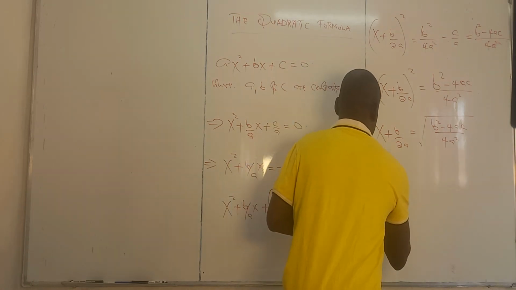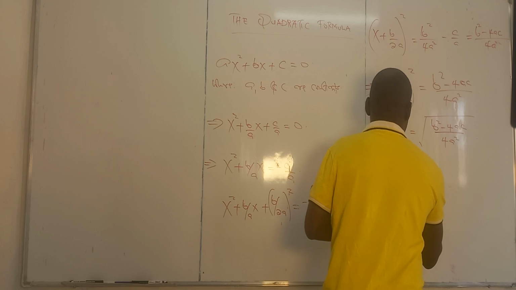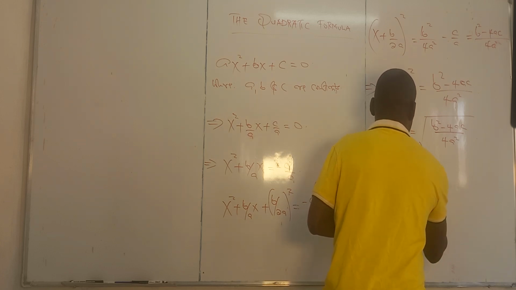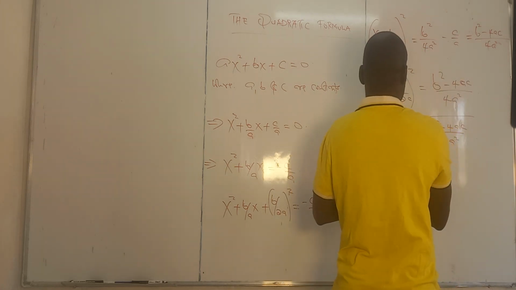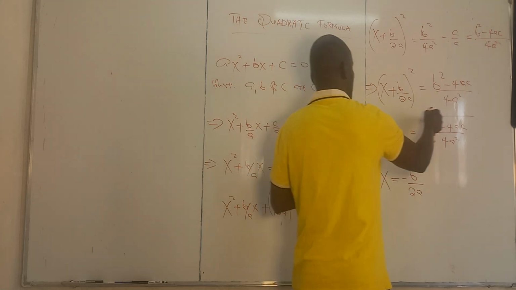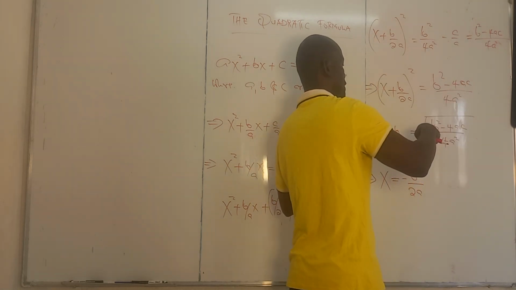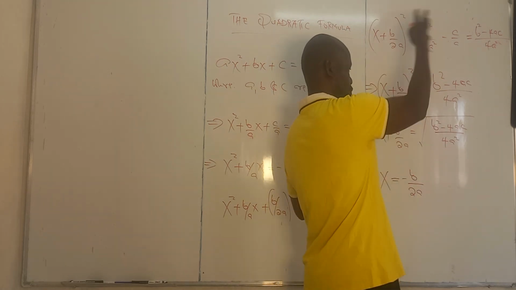And this is like saying x is equal to minus b over 2a, because now this crosses to the other end. But since this is a square root, the effect is that you are going to have either positive or negative.